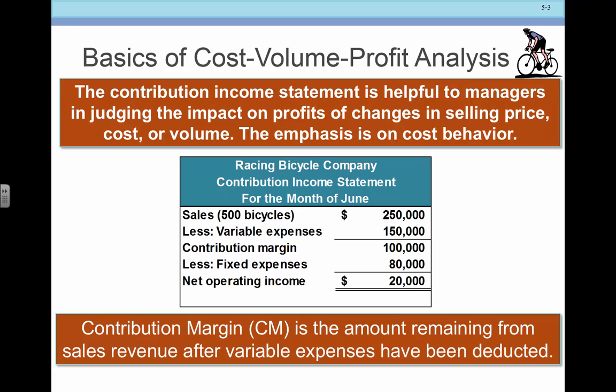Direct materials are always variable. Direct labor is always variable. Manufacturing overhead is both, some variable, some fixed, right? Variable, indirect labor. Mixed, probably my utility bill. I've got a fixed cost for my sewer line and then a per cubic foot of solid waste charge.